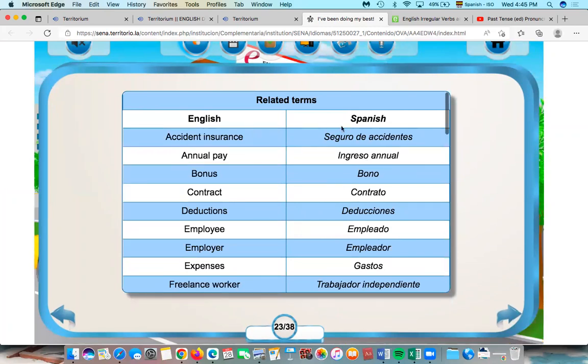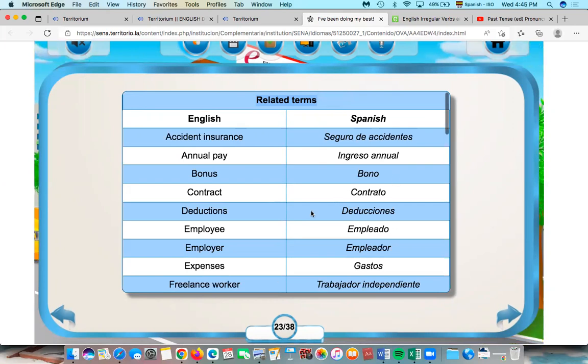Or related terms like insurance. Insurance is really expensive in North America. Not sure about Canada, I would say yes, but in the US, it's really expensive. Health insurance, or anything that has to do with insurance.